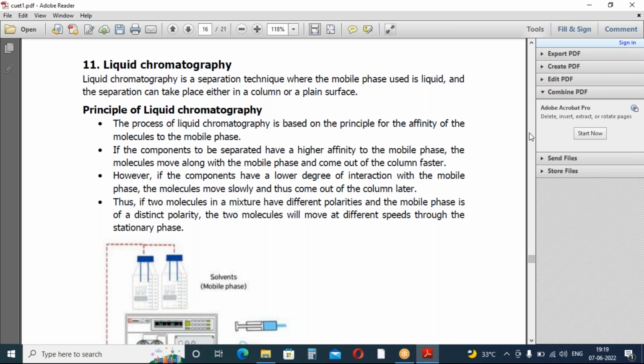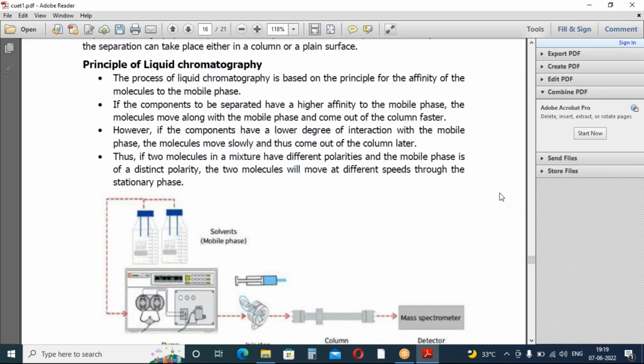From the speed and movement of the molecules present in the mixture, we can detect what type of components are present. That is the main principle involved in liquid chromatography.